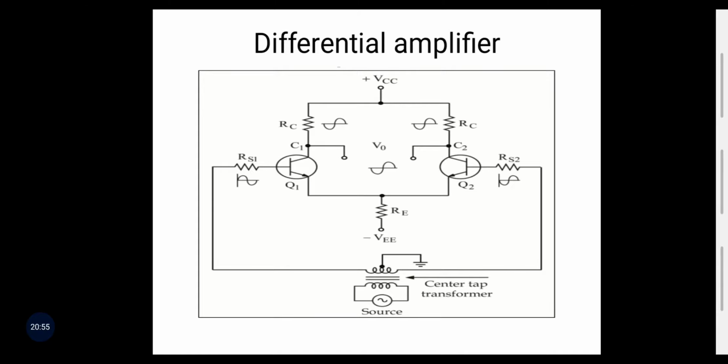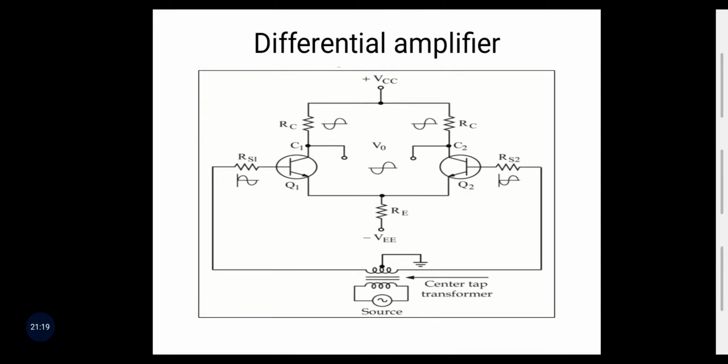Due to the negative going signal on the base of Q2, an amplified positive going signal develops on the collector of Q2. If the base voltage is positive, then the collector voltage is negative.